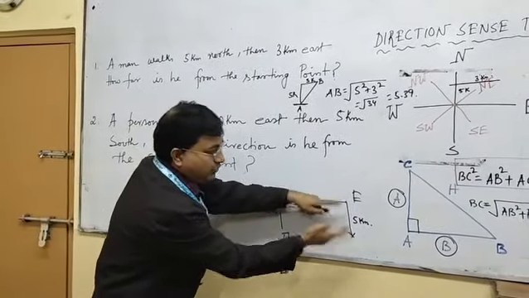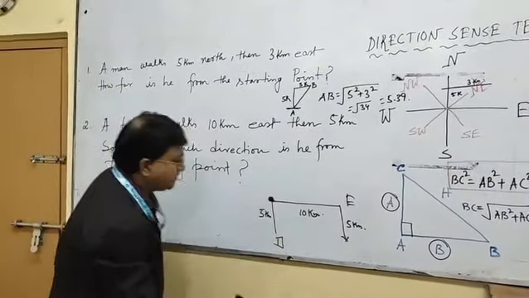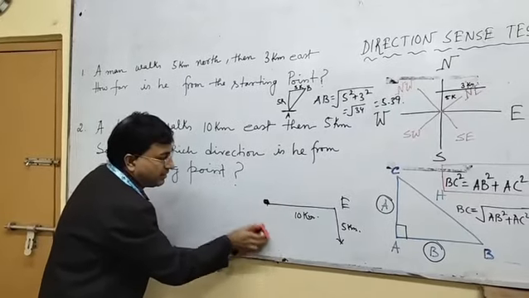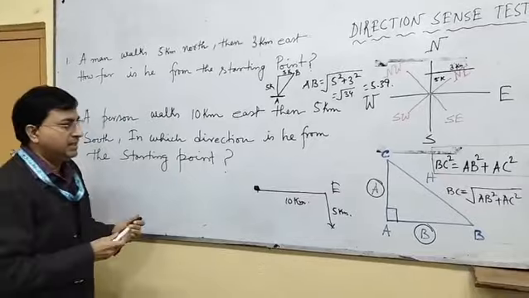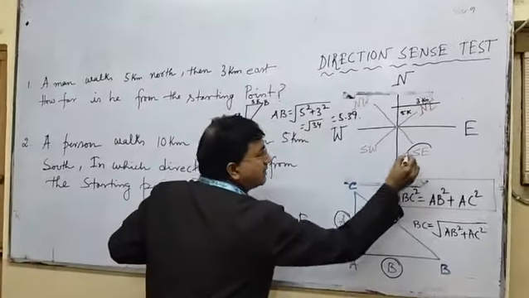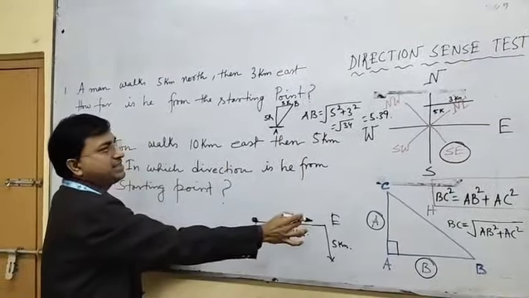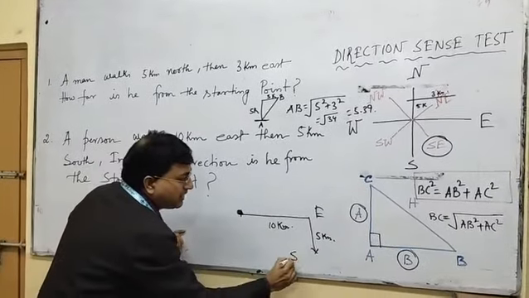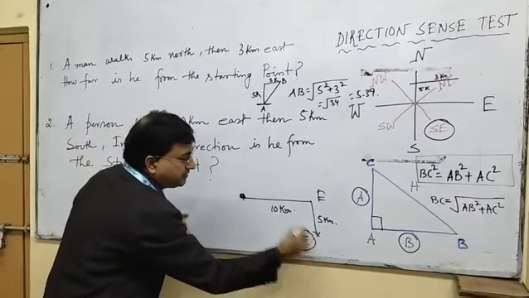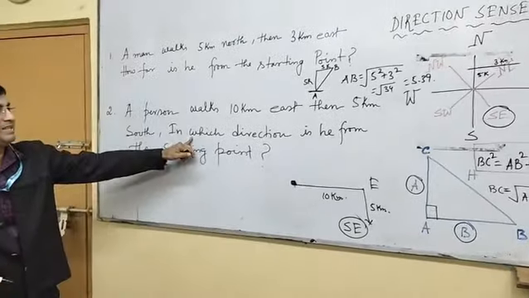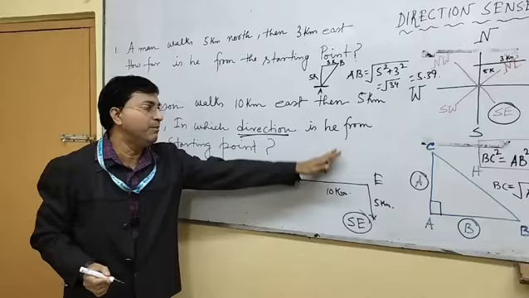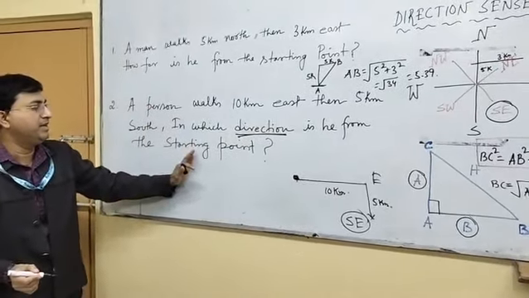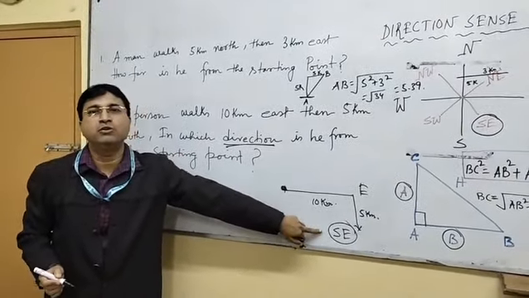Now you erase this portion, and you can clearly find the position. The position is like that. First east, then south, the position is southeast. So they are asking which direction, the direction is southeast. The man from the starting point is now standing in the southeast position.